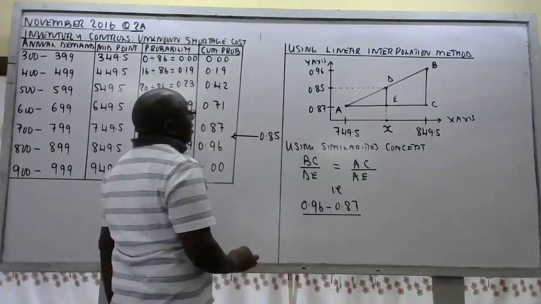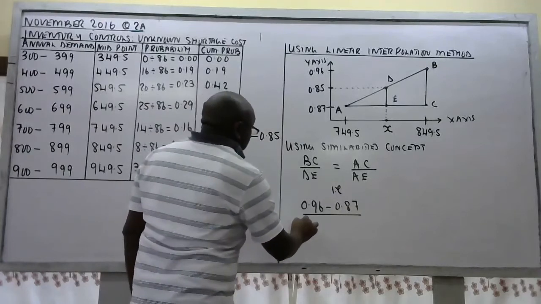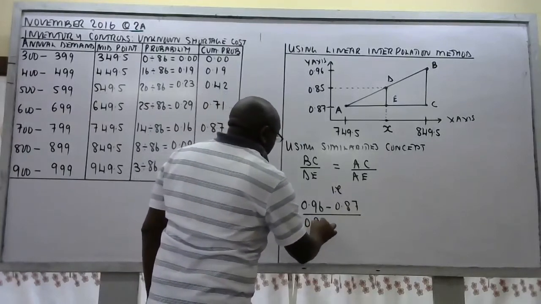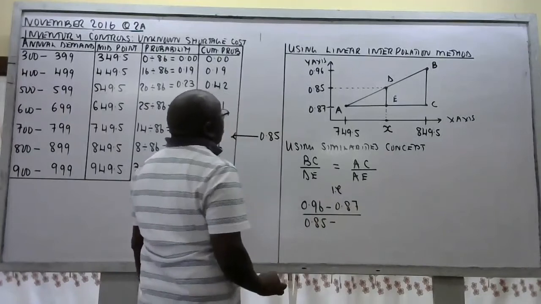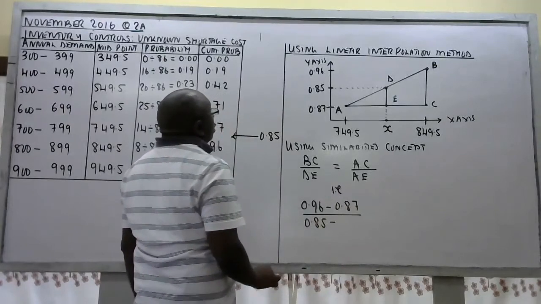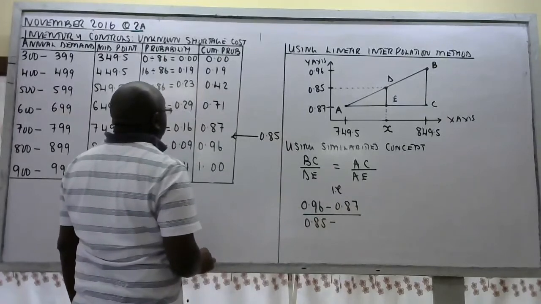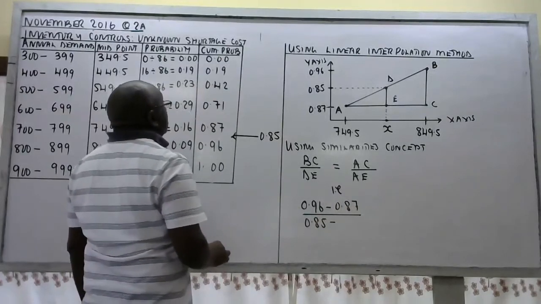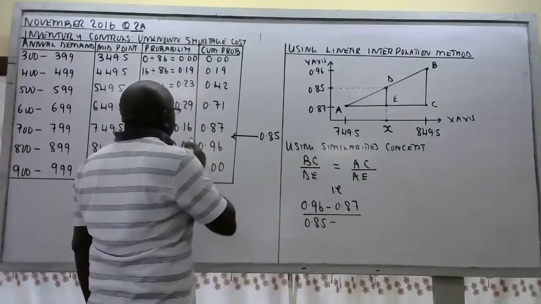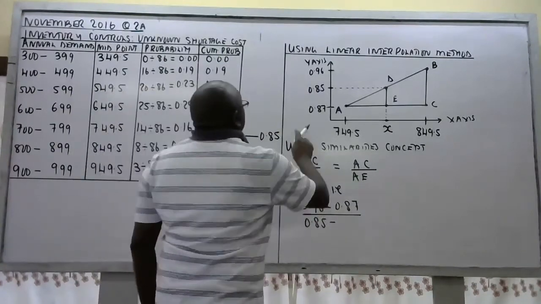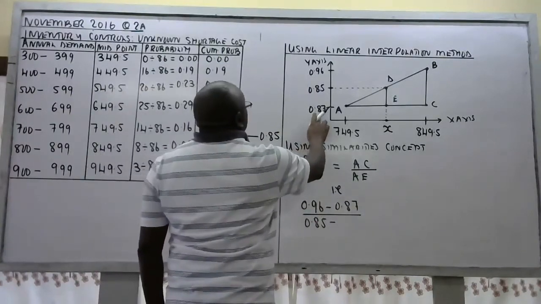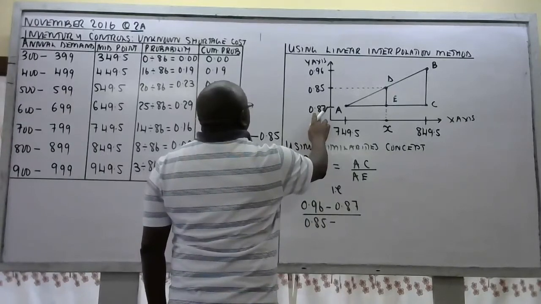If you divide by 0.85, no, it's something I've done wrong. It's 96.